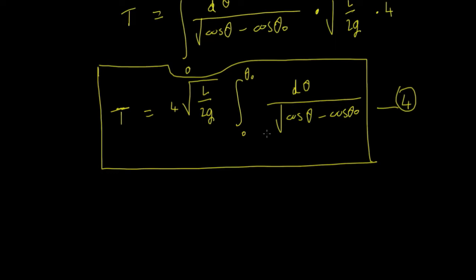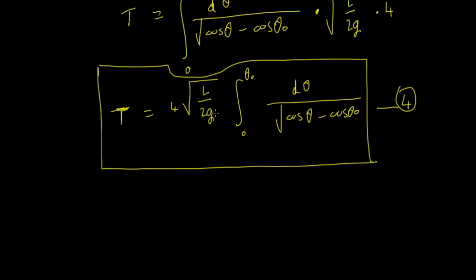So we'd have to use some kind of lookup table for this part of the equation. In order to find the period of a pendulum given some arbitrary start position theta naught, we'd have a constant term and then a lookup.